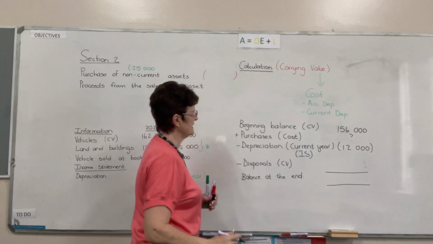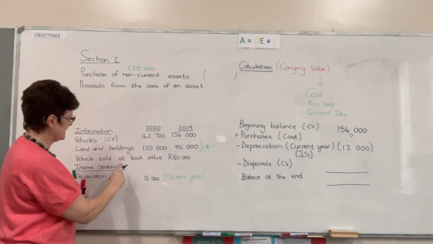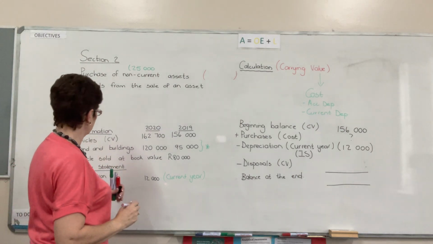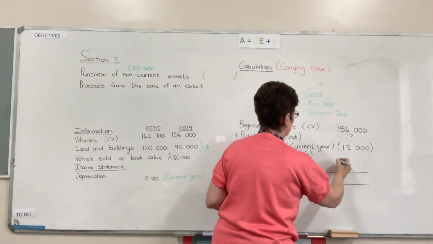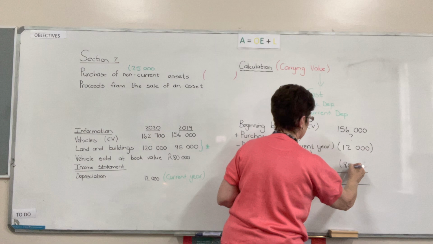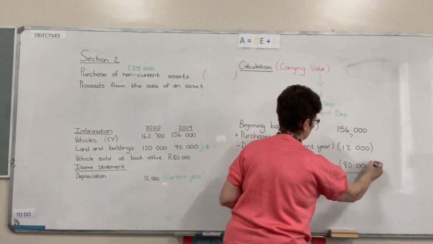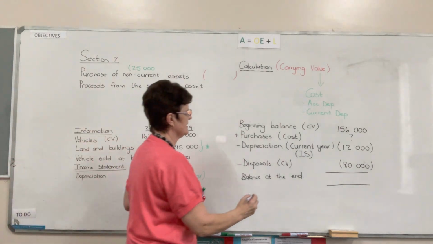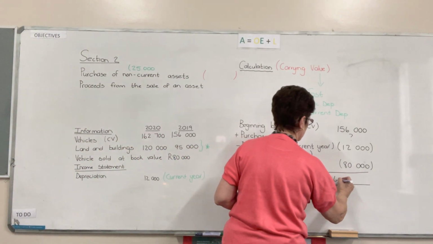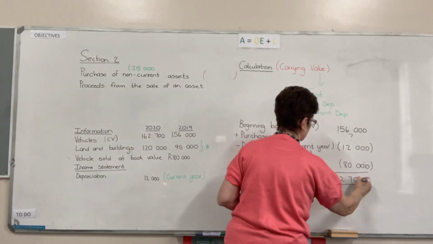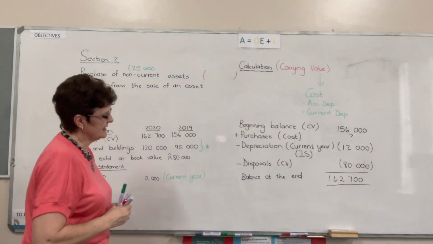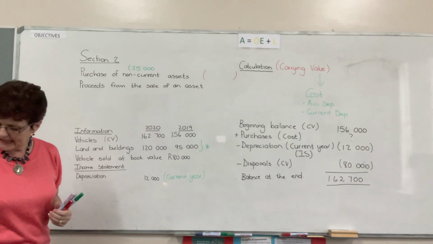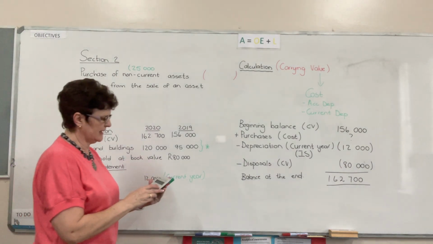Don't have to calculate it, it's done for me. And then disposals at book value, nothing more to calculate, but I have to deduct that as well. And then the balance at the end is 162,700.